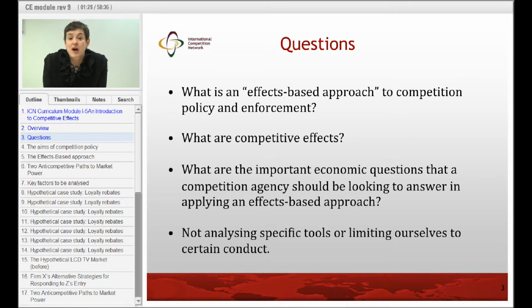At the same time, we are including within our remit the competitive effects of some behaviour that might, in many jurisdictions, be termed per se illegal, so not requiring proof of effects for illegality. As such, this module is designed to provide an introductory overview to the competitive effects framework.